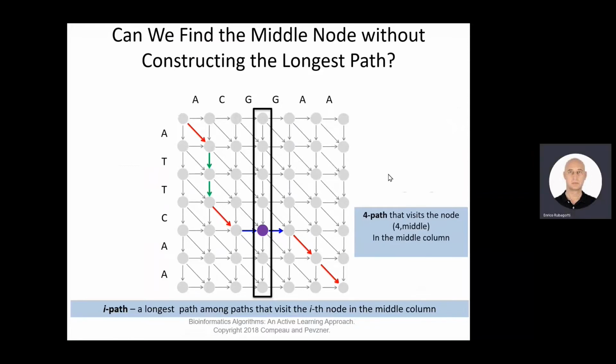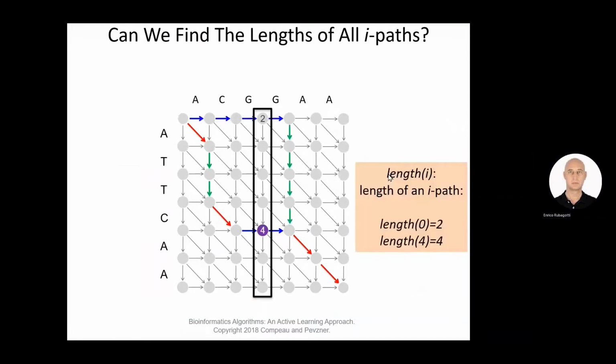And the length of i is the length of an i-path. The length from the source is 2.